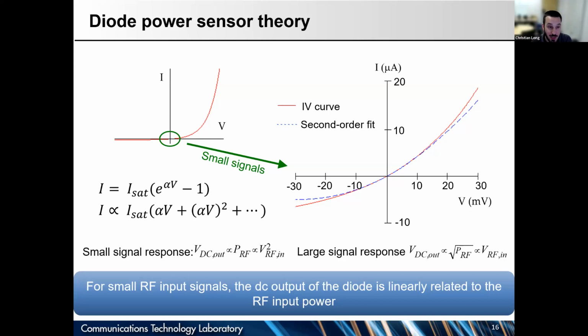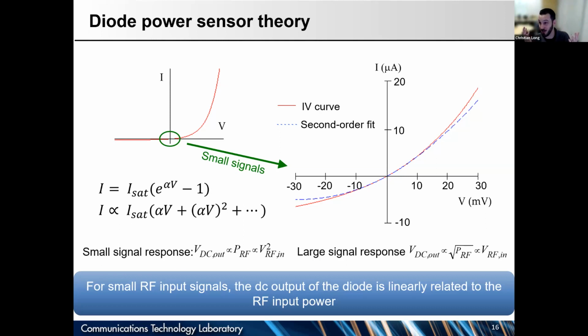So if you zoom in on the IV curve of a diode, then in the small signal regime, the output at DC from the diode is proportional to the input RF power. There's just one frequency. And in a large signal regime, it's proportional to the square root of the power. So as you go up in power, you have at low powers a nice linear regime, and at high powers a sublinear regime with respect to power.